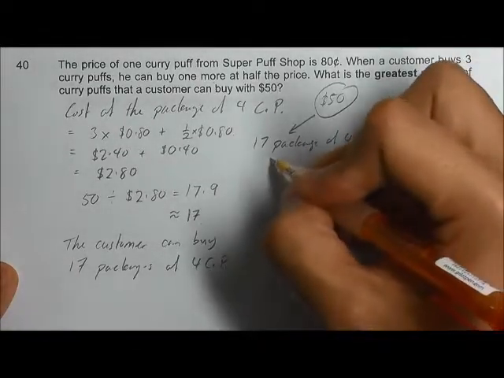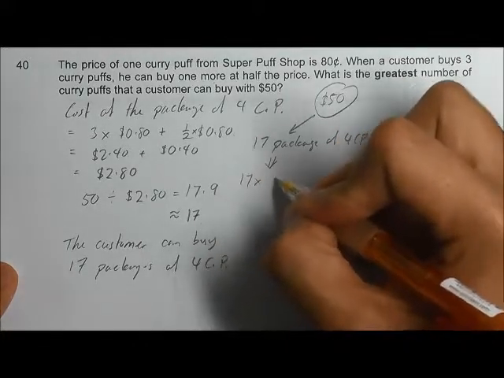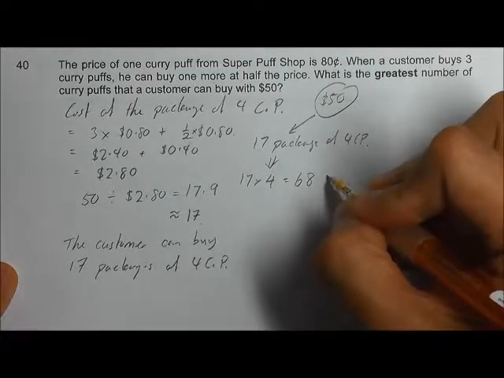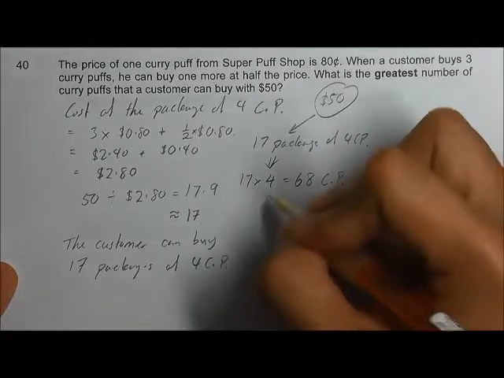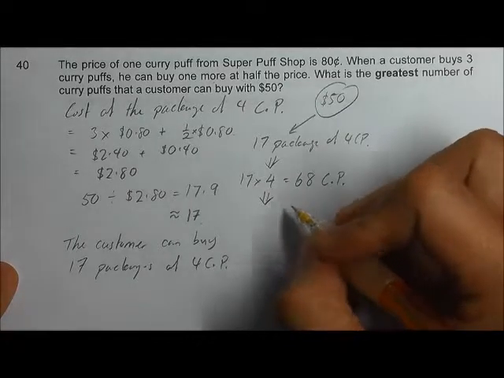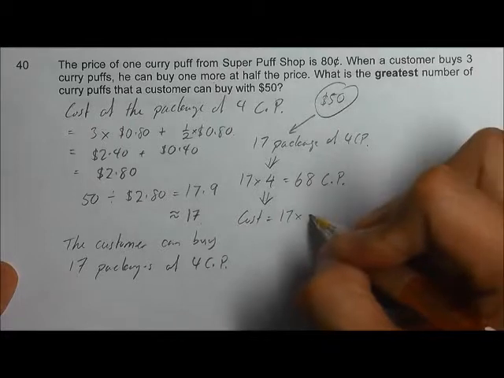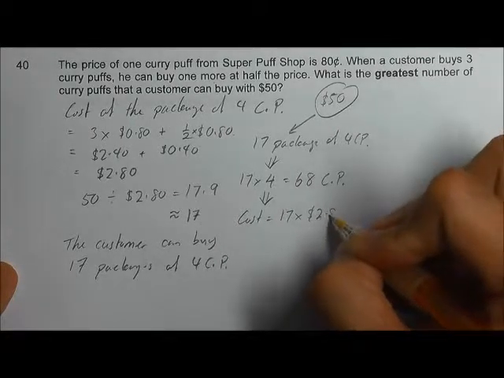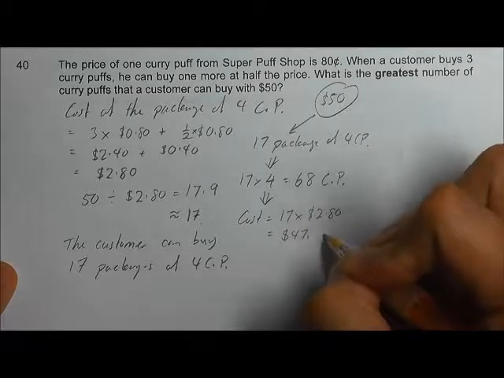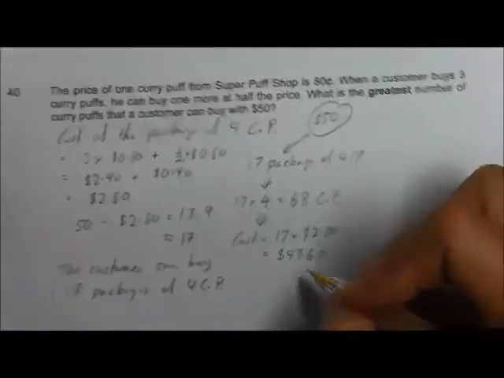Okay, and that will be a total of 17 times 4, which is 68 curry puffs. And the cost of this has to be 17 times 2.80. That will give us $47.60.